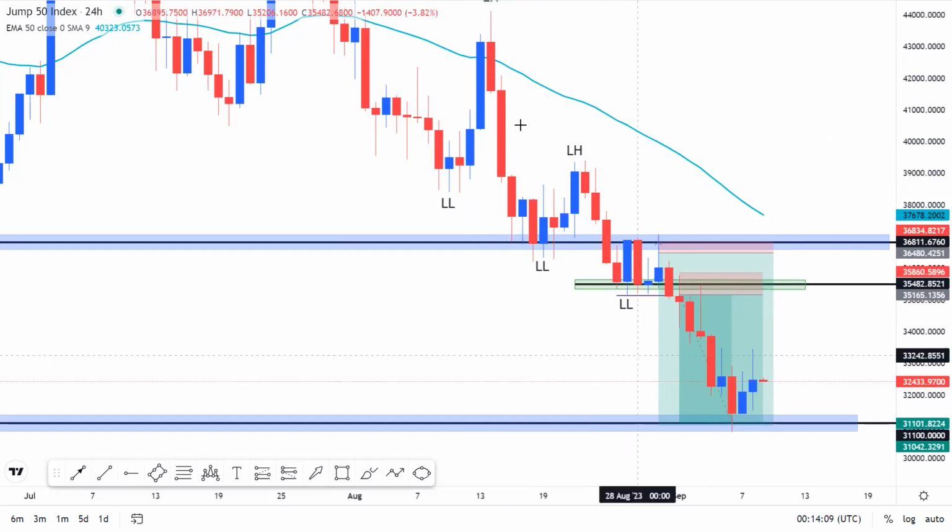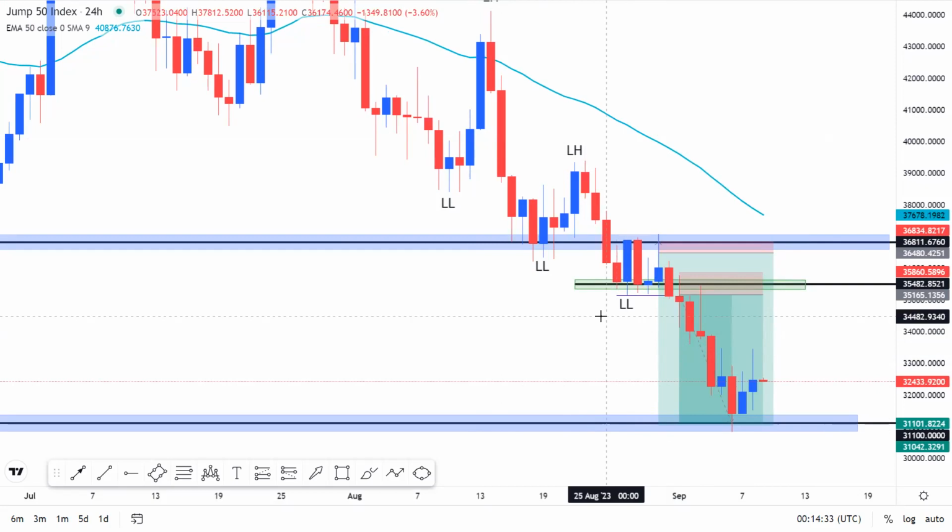Having seen the market in the bearish structure, the next thing would be identifying an area where potentially we want to look to get in on selling opportunities.